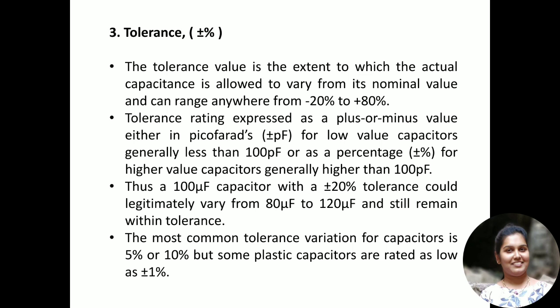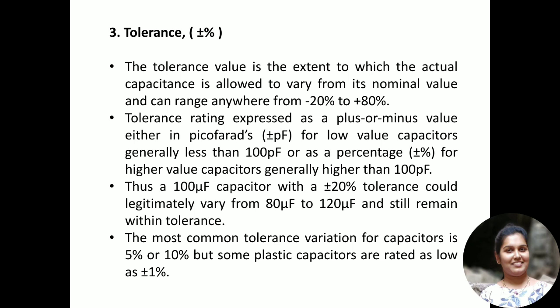Capacitors are rated according to how near their actual values are to the rated nominal capacitance, with color bands or letters used to indicate their tolerance. The most common tolerance variation for capacitors is 5% or 10%, but some plastic capacitors can be as low as plus or minus 1%.